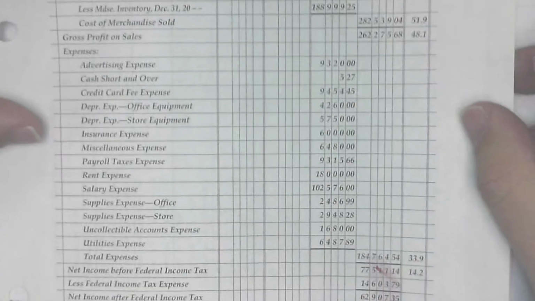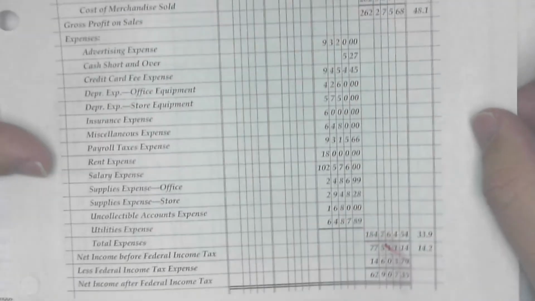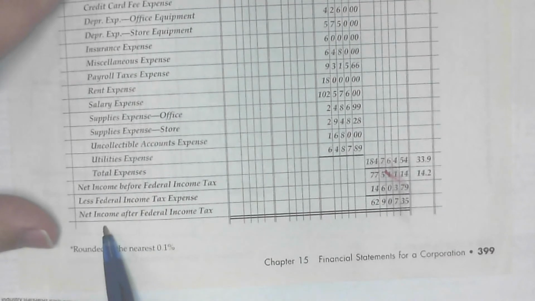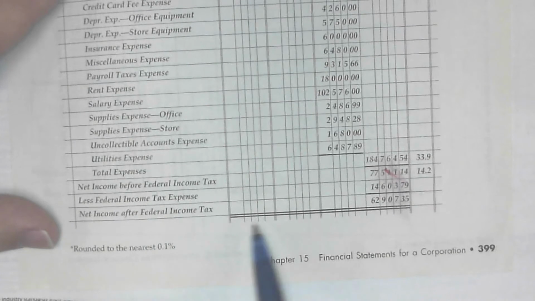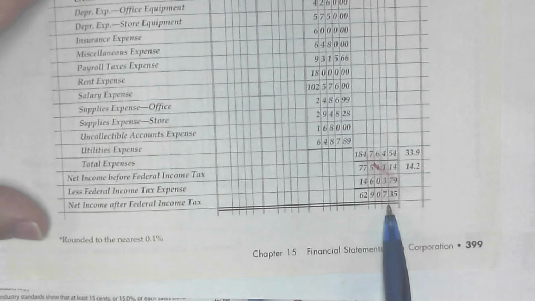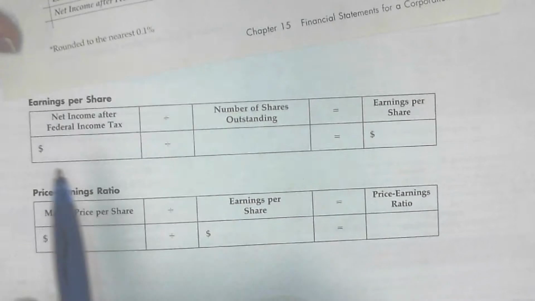So we just go back to our income statement. For the bottom line here, net income after federal tax, $62,907.35. So that's going to go here.